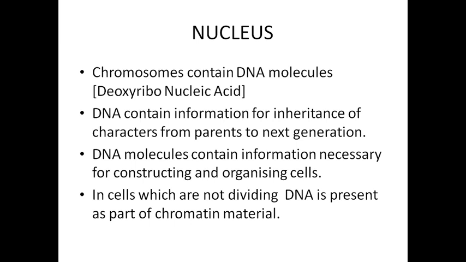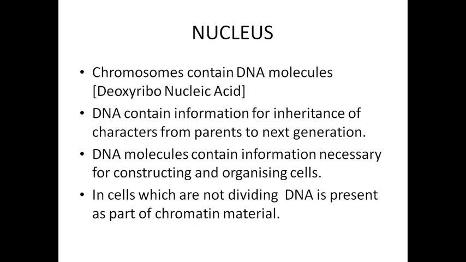And what is this DNA? It contains information for inheritance of characters from parents to the next generation. The organism carries the inheritance information of its parents from one generation to the next, because this is very much necessary for constructing and organizing the cells.